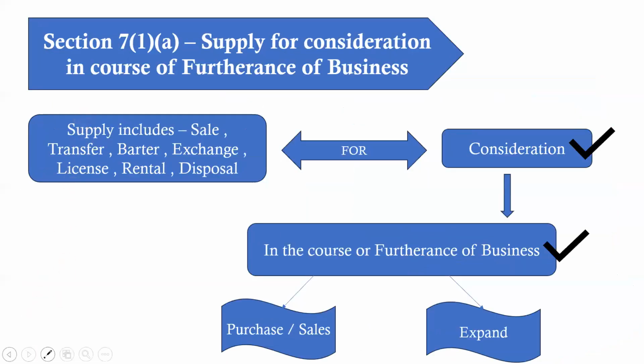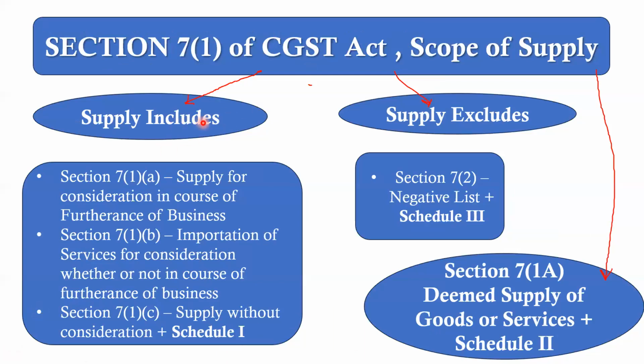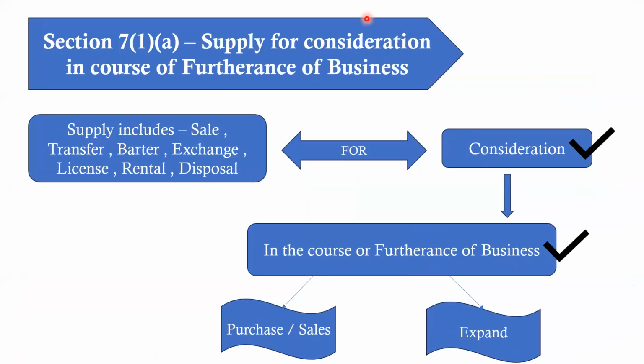So now let's begin with what the supply includes. In the first part, Section 7 subsection 1 clause A, supply for consideration in the course or furtherance of business. Here supply includes sale, transfer, barter, exchange, license, rental, and disposal.